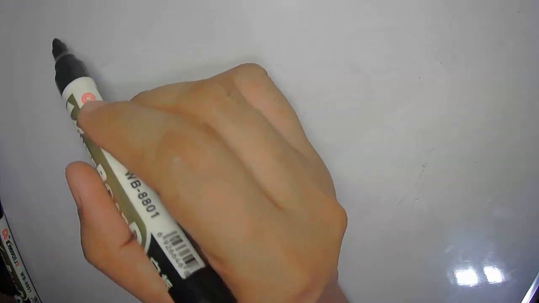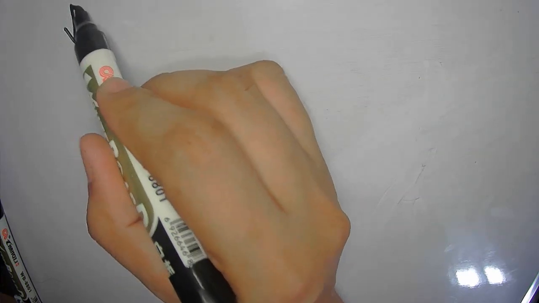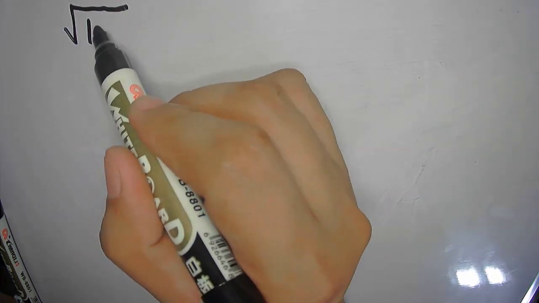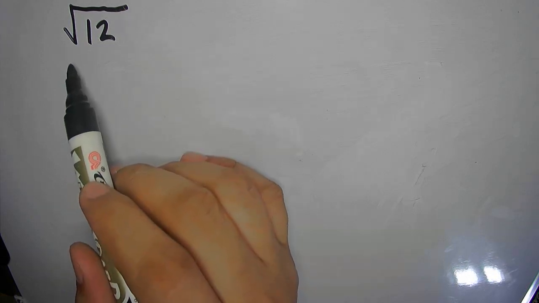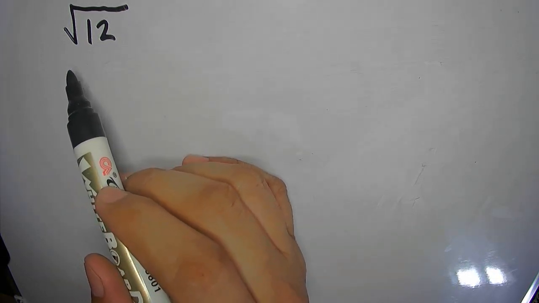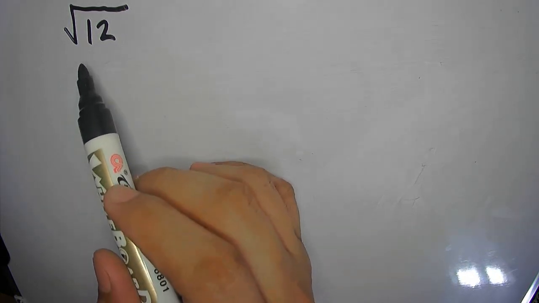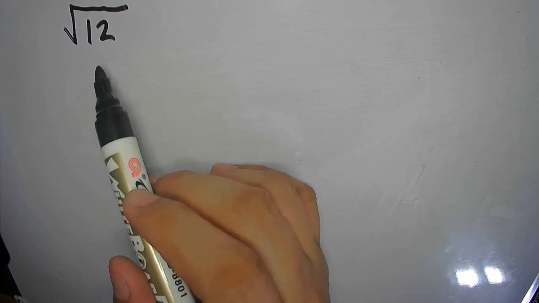Square root of 12. So, mag-iisip tayo ng dalawang integers or perfect square, or kung iba pa ay square roots that are rational na kung saan makikita natin yung square root of 12. Okay? So, square root of 12.